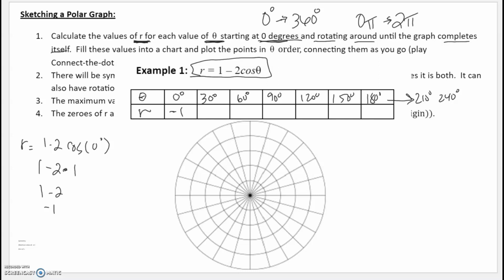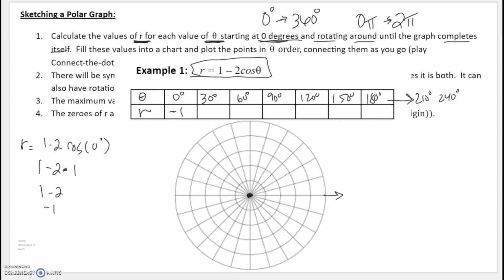That means I need to plot that point. Don't move on to the next part of the chart until you've plotted that point on the polar grid. So our input is 0 degrees, so we're going to face this direction, standing at the pole, and we're going to move negative 1 radius in that direction.